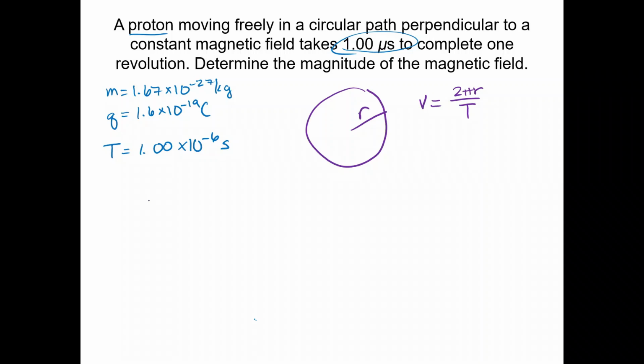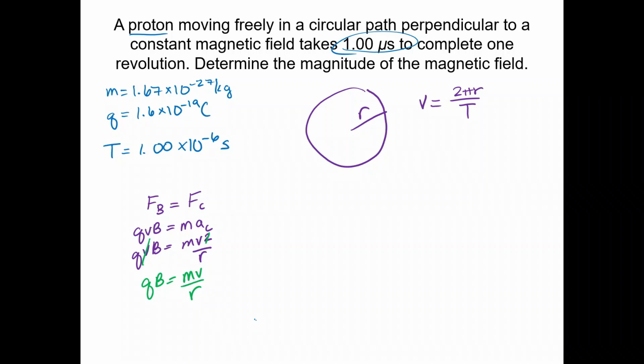We also know that our magnetic force is equal to our centripetal force. Our magnetic force is QVB. Our centripetal force is m a_c. So QVB is equal to m v squared over r. Our v cancels out on the left, and one of them cancels out on the right, so we get QB is equal to mv over r.